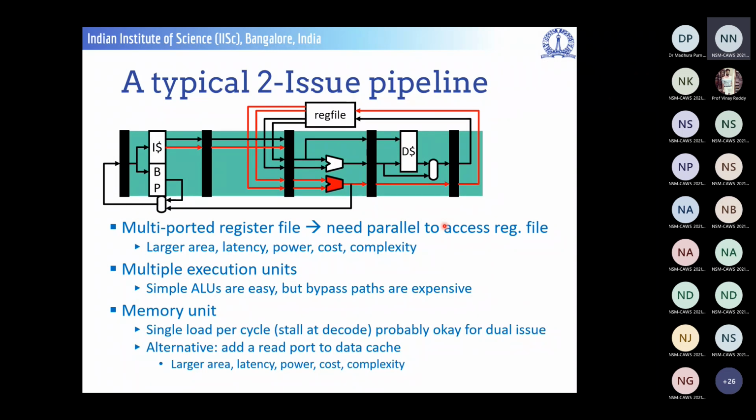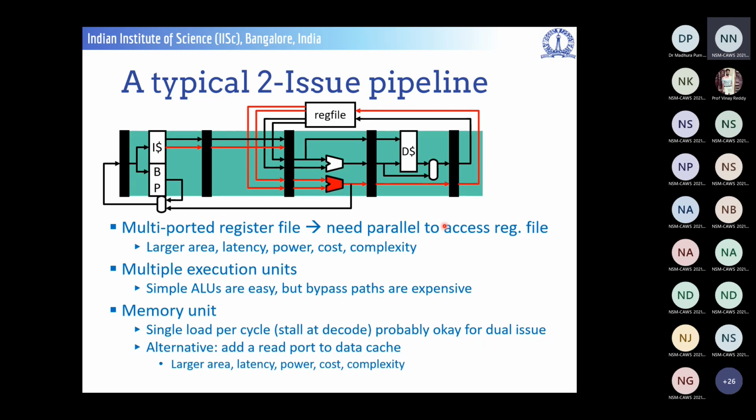Okay, and the memory unit. We have seen how stall cycles can get introduced if there is a load. One stall cycle is probably fine if you are dual issue, but if you are multi-issue, say 4 issue and so on, you might also want to have a larger number of ports to the caches, so that you can have parallel access to the caches as well.